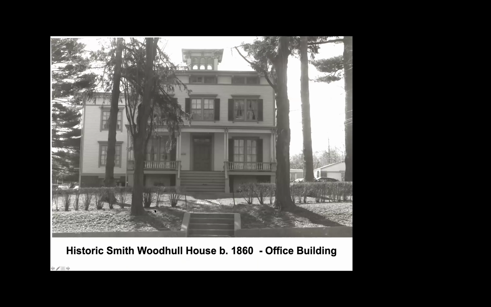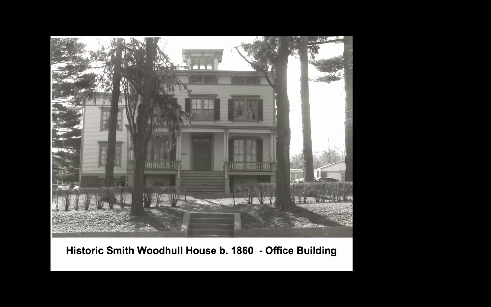This is the historic Smith Woodhull house. It is the house that Ida Bunce Samus, who was a suffragette in the early 20th century, lived in. She was born on Goose Hill Road, married a Samus, and moved into this house, and there's a commemorative marker now marking that.